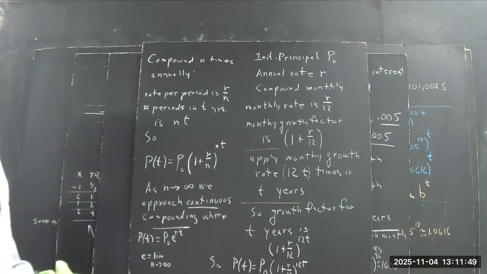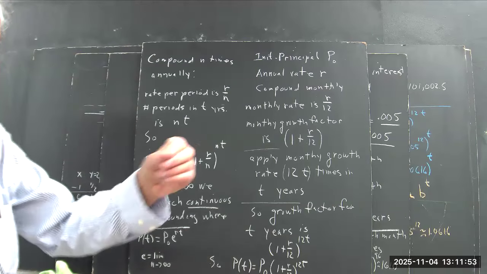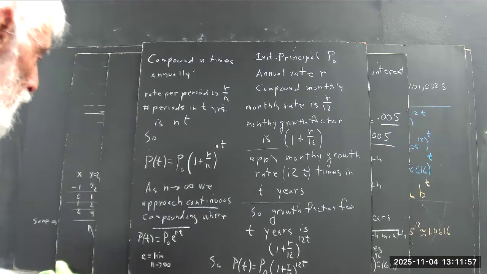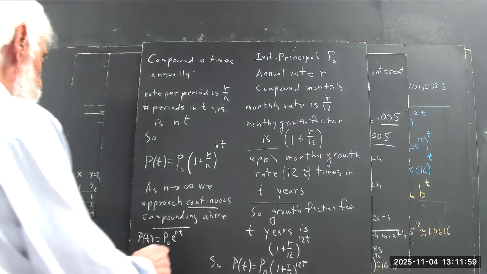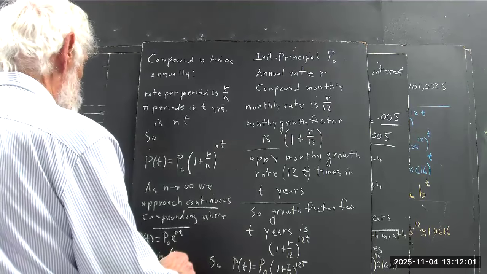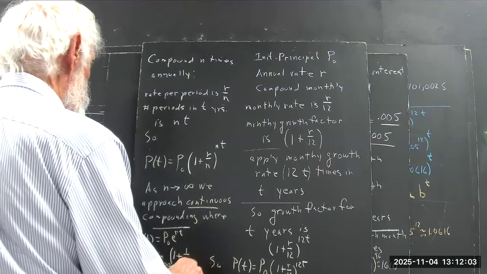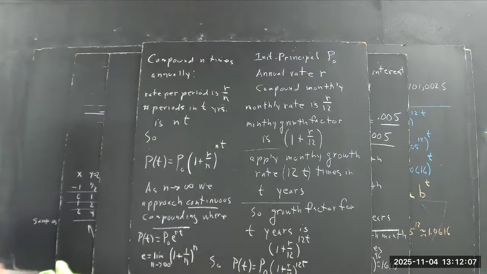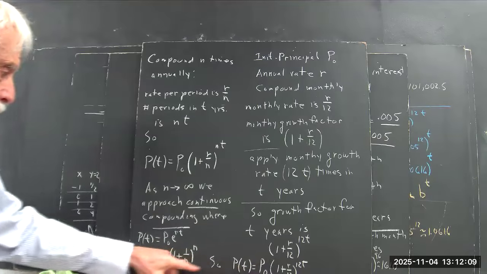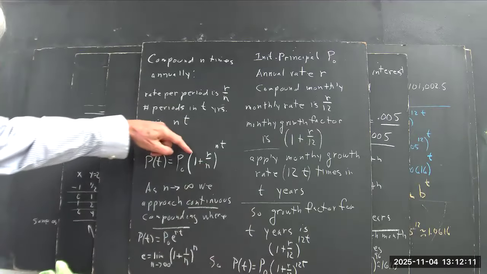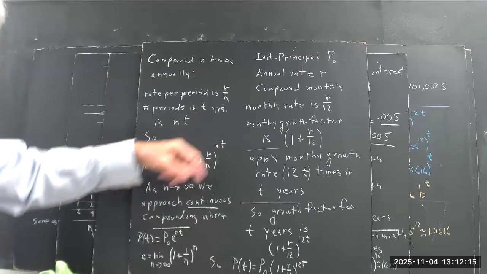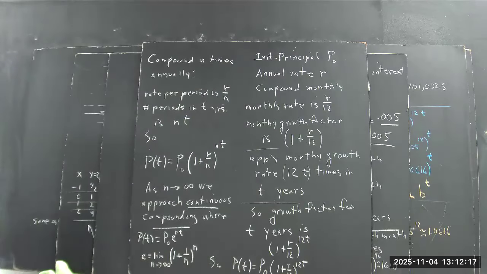If the number of times you compound in a year approaches infinity, that means the period approaches zero, right? And you've got this limit thing, and it's the limit of 1 plus 1 over n raised to the nth power, which looks a lot like this or this. You're just leaving the r out and the t. Okay.